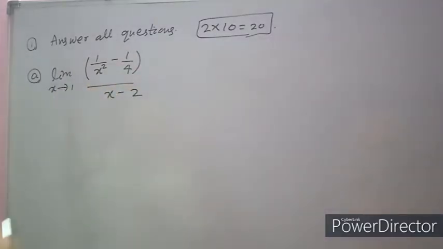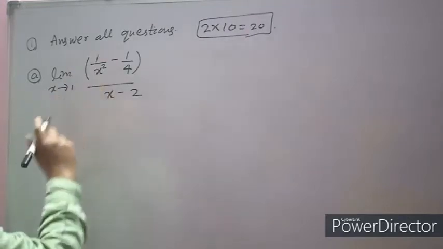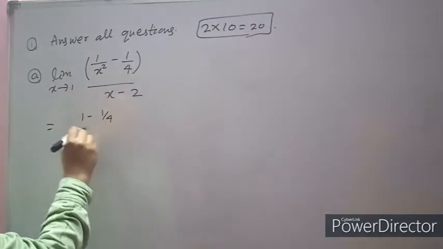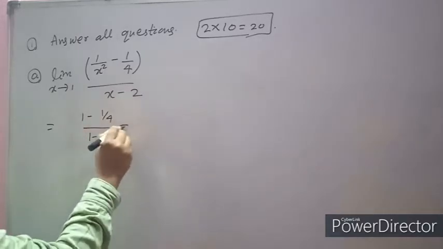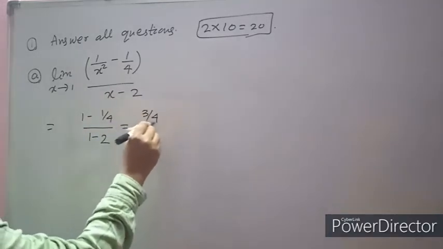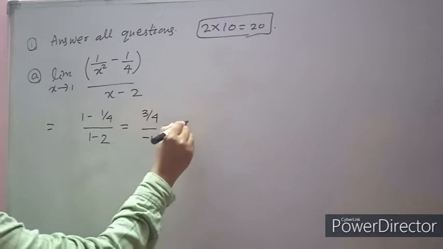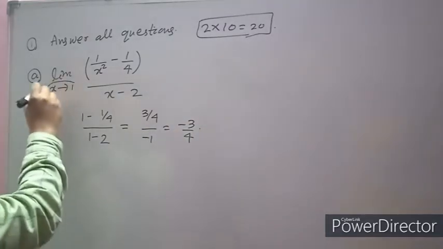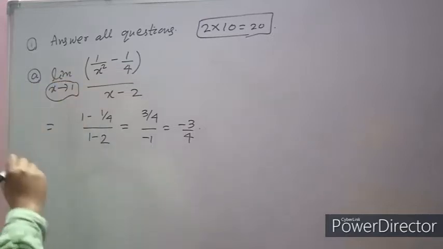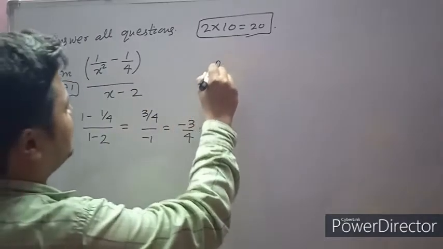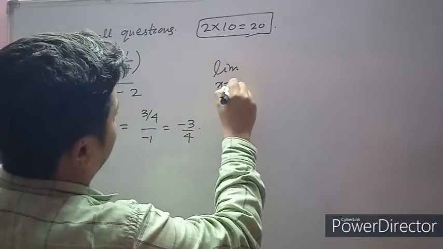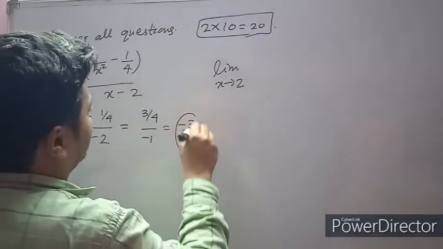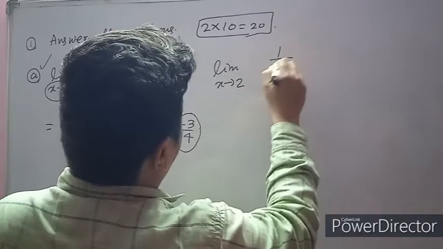Here you can see, if you put x equal to 1, directly you get 1 minus 1 by 4 divided by 1 minus 2, that is 3 by 4 by minus 1. So the answer is minus 3 by 4. But I think the question has a typo. Generally this question should be limit x tending to 2. But in the examination this is asked, so this is the answer. But I am solving for x tending to 2.